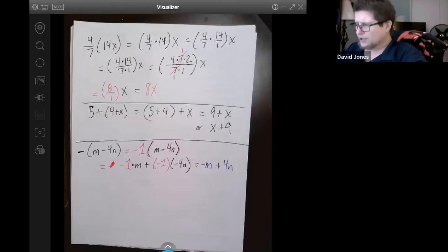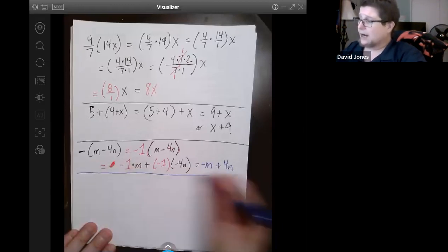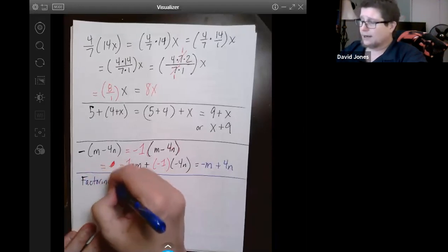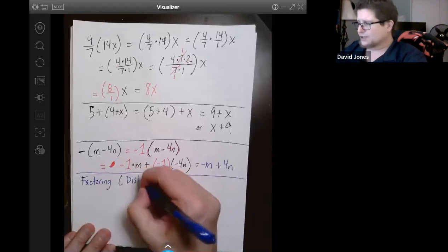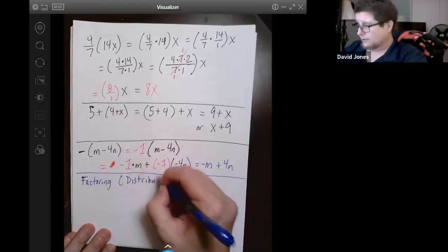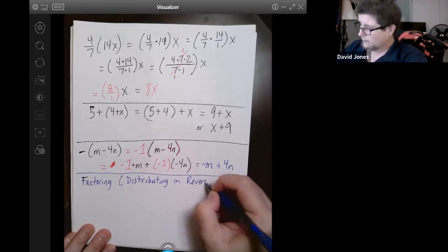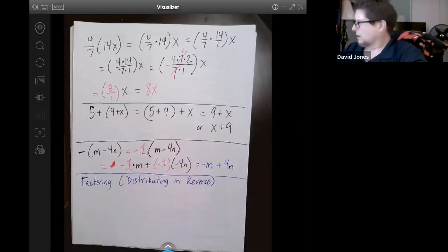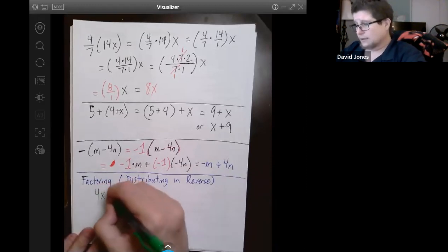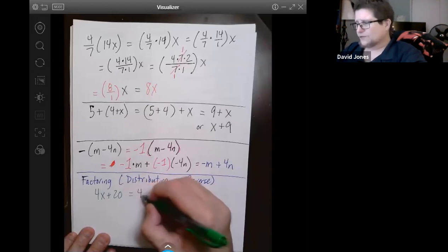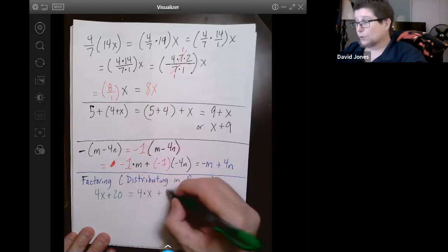An operation that we tend to do, and we'll do a lot more of this later, is factoring. Factoring is a lot like distributing in reverse. So if I have 4x plus 20, this is the same thing as 4 times x plus 4 times 5.